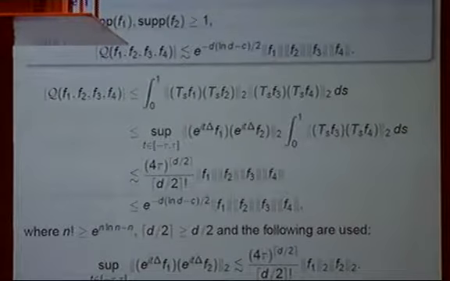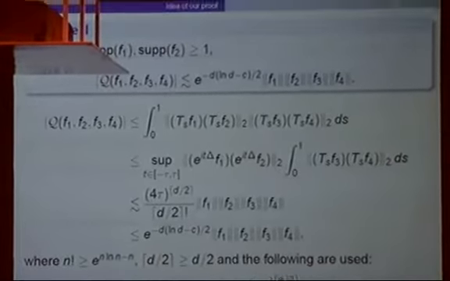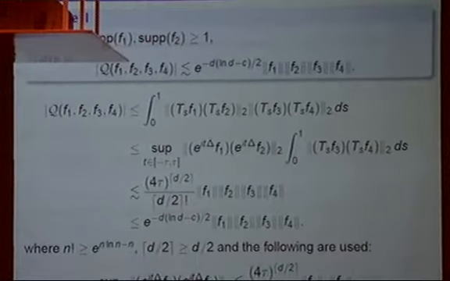The second estimate is much more complicated than that. So here, without loss of generality, let's assume the first and second one, there is one missing parenthesis. Okay, so the first and second one have well separated supports, with distance greater than or equal to 1. And let's see, we can get this second estimate. So how can we get that? In fact, here, by the definition, we can easily write this one.